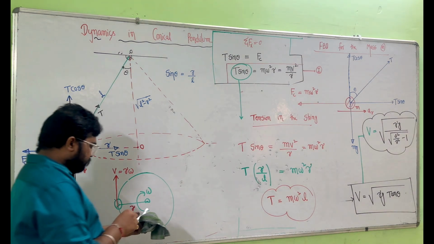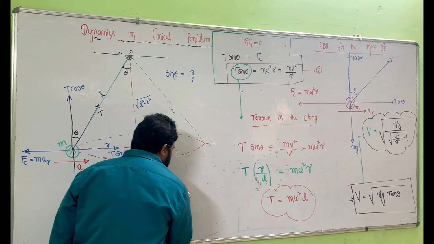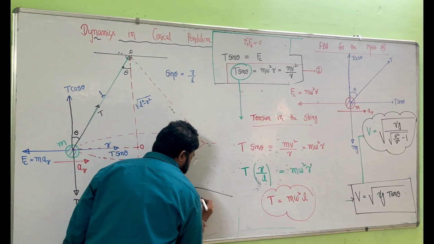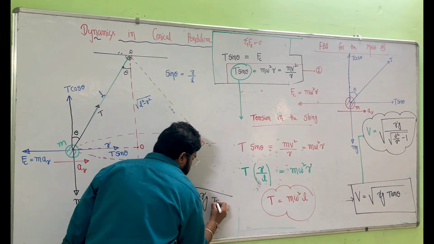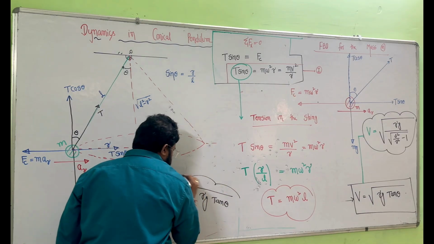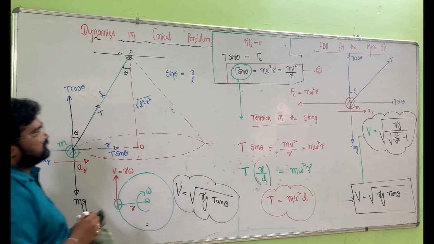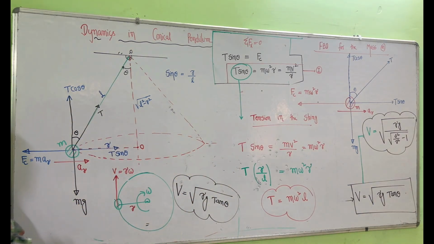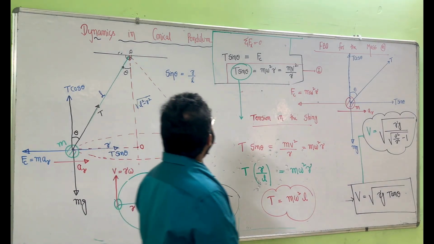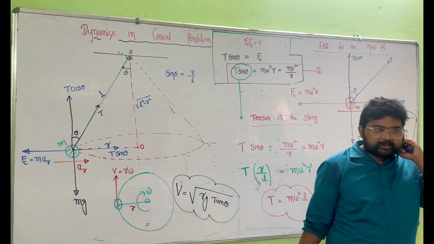That V calculated equals the square root of R g tan theta. Clear? Completed. Next, this is the dynamics in conical pendula.